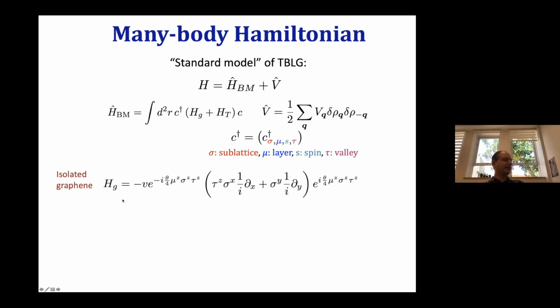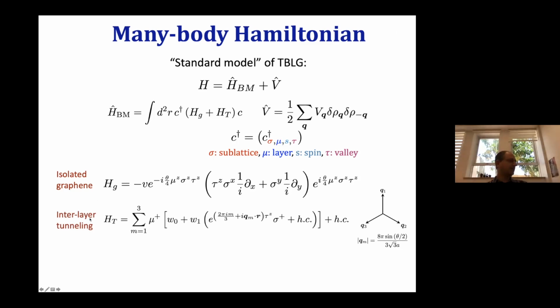A single particle part of the Hamiltonian has a part which is just two sheets of isolated graphene twisted relative to each other. These are these unitary operators. They rotate the Dirac matrices by theta and minus theta in the two layers. And HT is the tunneling Hamiltonian between the layers. I won't describe that in detail.